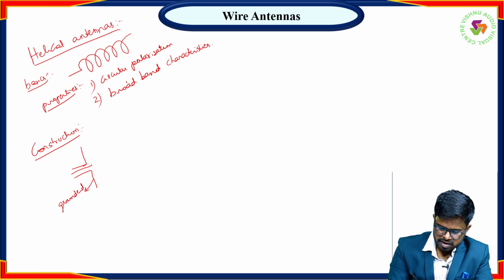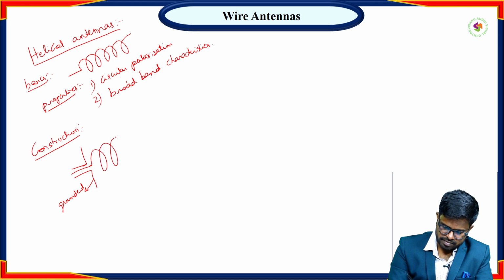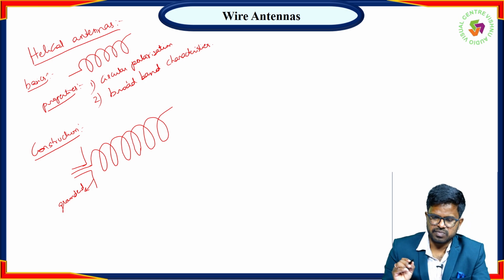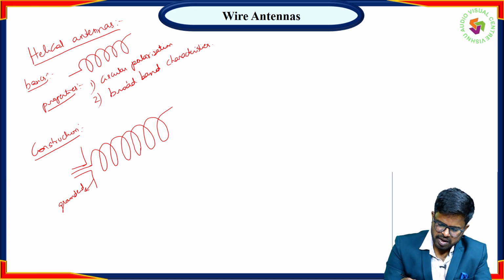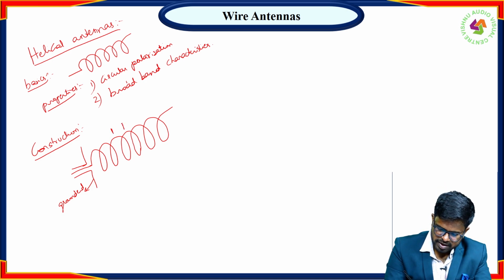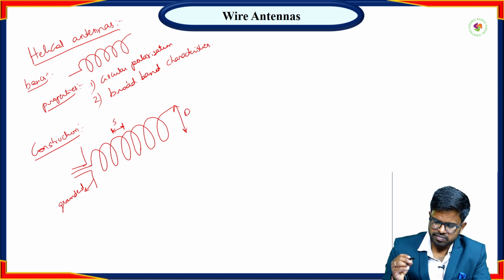And the inner pin of the SMA connector, the inner conductor, is connected to the helical wire. Okay. Here the major things we need to know: the spacing between two turns is S and the diameter of the helix is D.